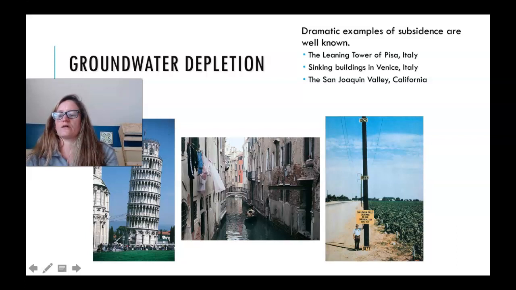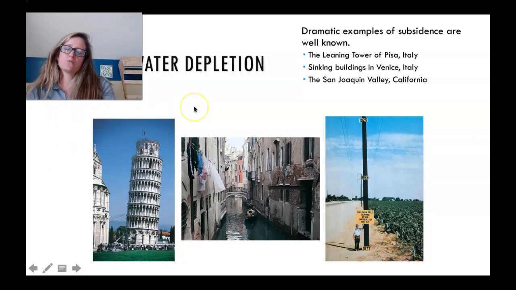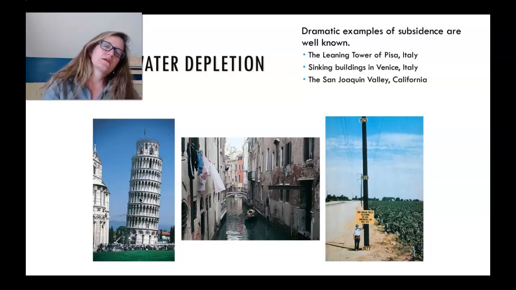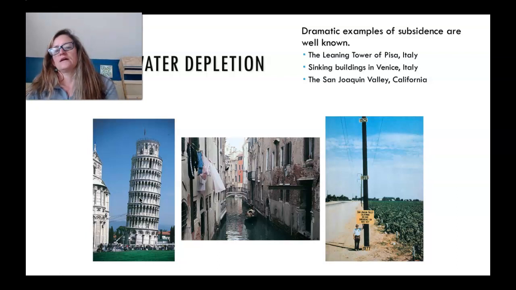Subsidence because of groundwater depletion has happened in notable cases around the world. The Leaning Tower of Pisa is leaning because it is built on unstable ground that has dewatered. They pretty much have stabilized it now, but they've got to keep it in check.